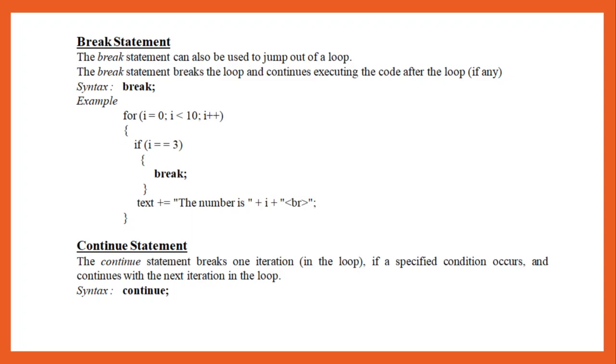Initial value 0, next 1, 2, 3. Now the loop is broken. If it is continue, the continue statement breaks one iteration if the specified condition occurs, and it continues with the next iteration in the loop.